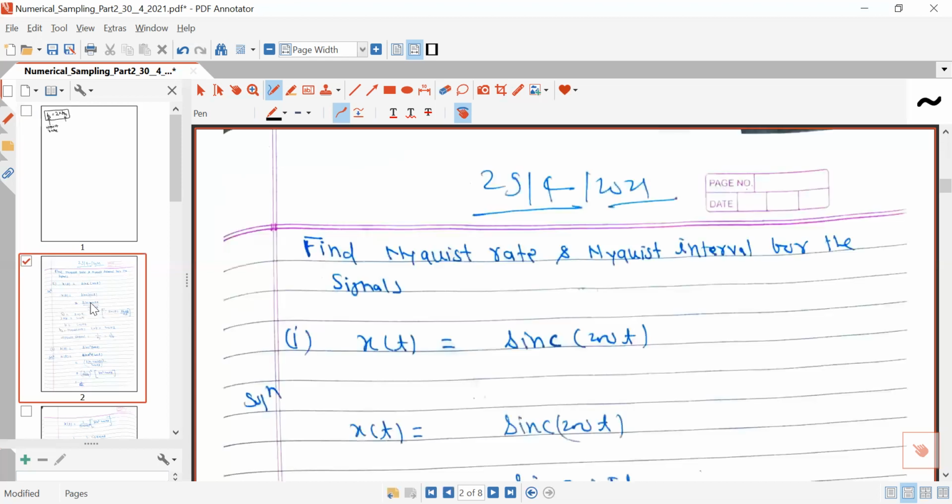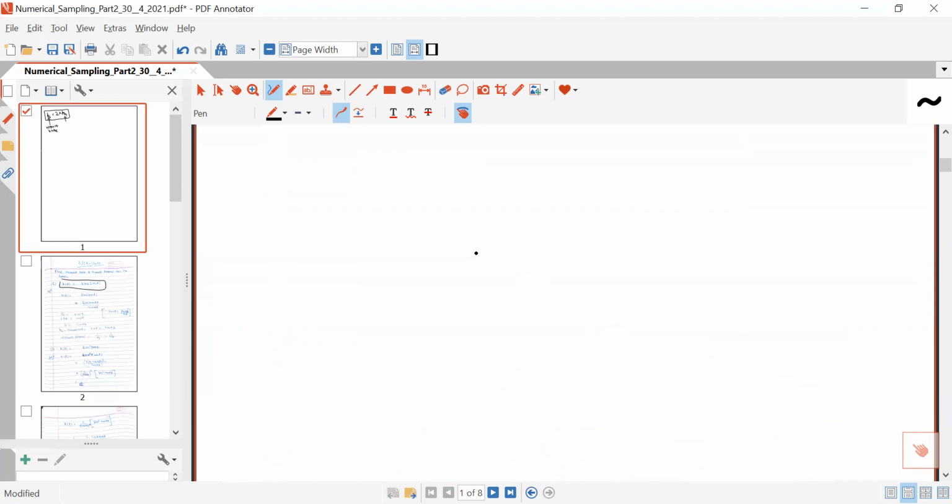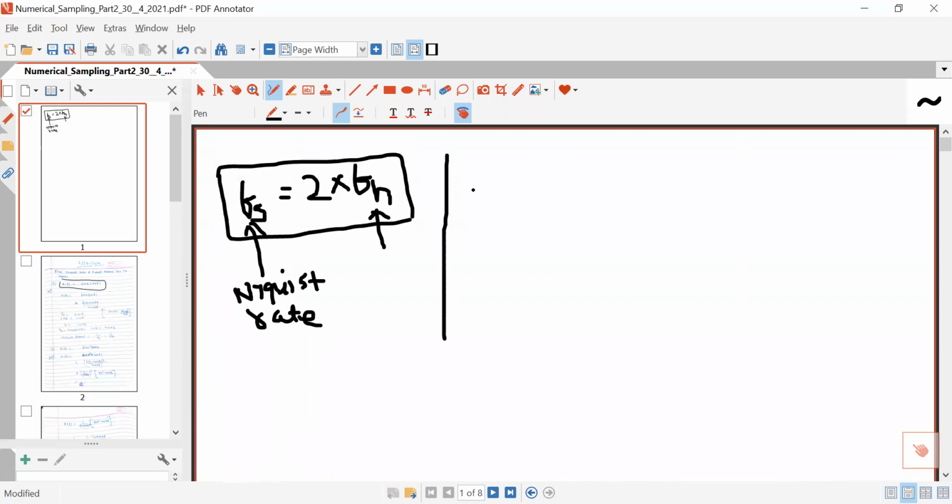So let us consider the first numerical example. The signal xt is Sinc 200t.